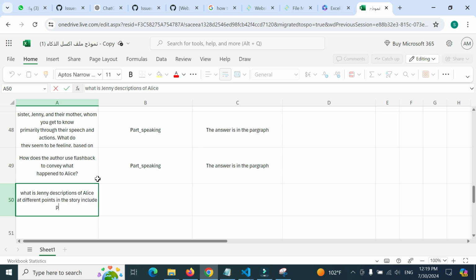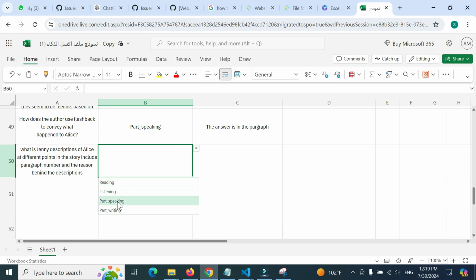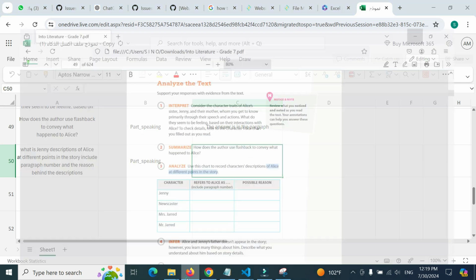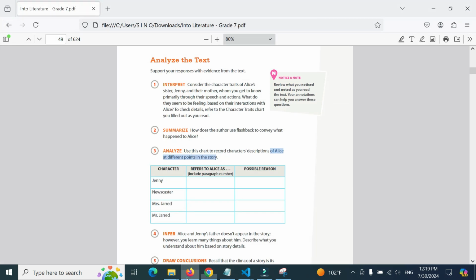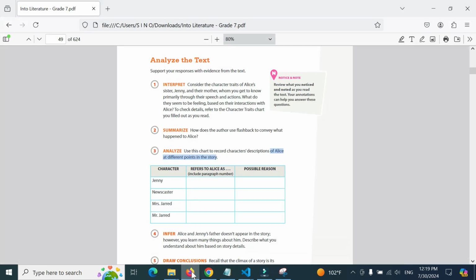Include the paragraph number and the reason behind the description. And the reason behind the description, let it actually be part speaking, and the answer, like we said, is in the paragraph, and we don't have images.